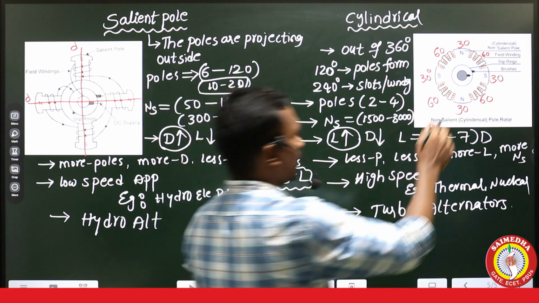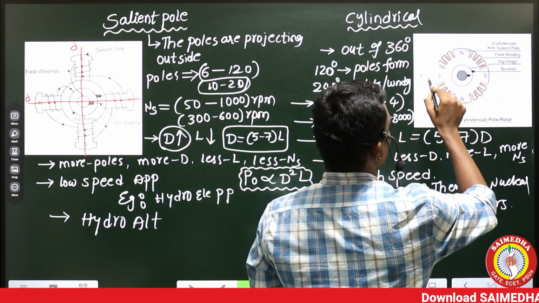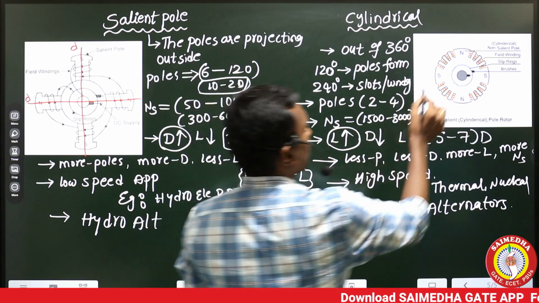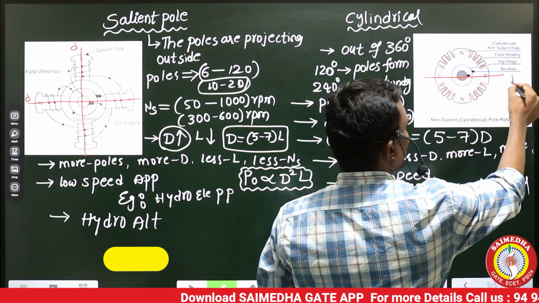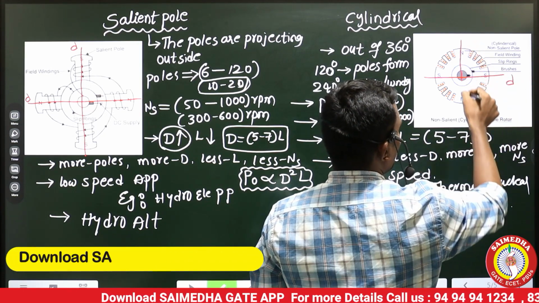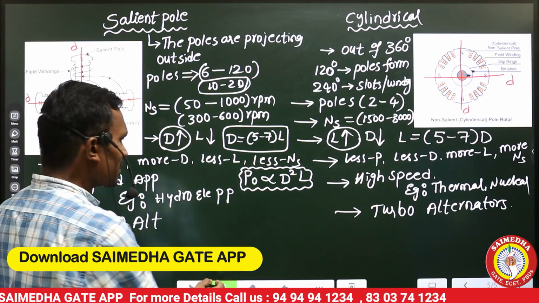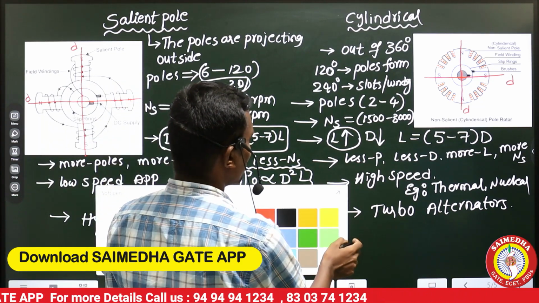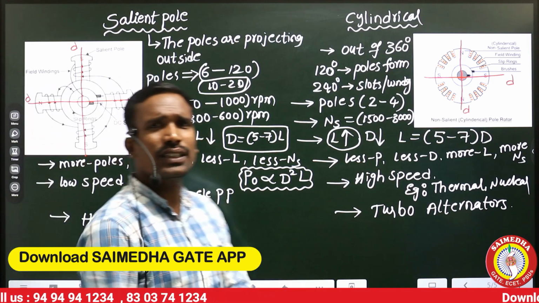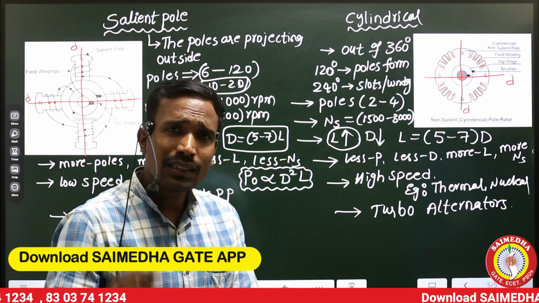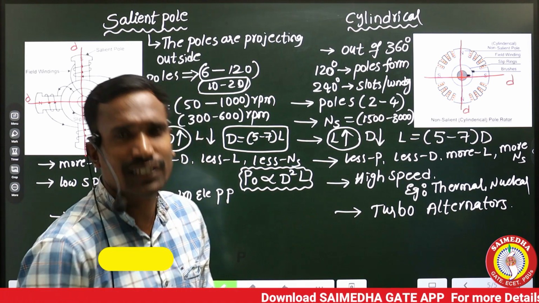And when coming to here, what is this axis? This is also called the d-axis. And where is my q-axis? It is in quadrature with the d-axis, meaning the phase shift between the d-axis and q-axis is 90 degrees to each other.